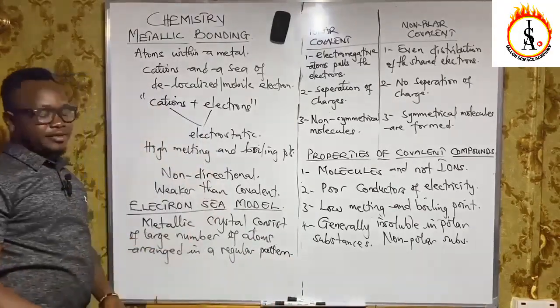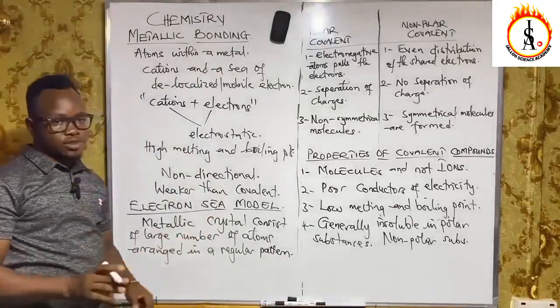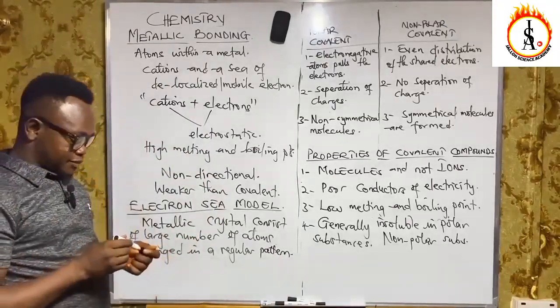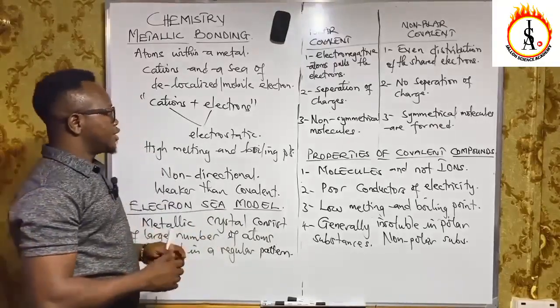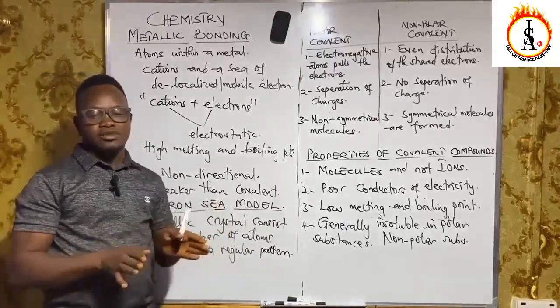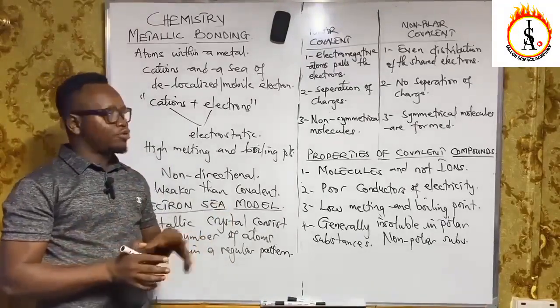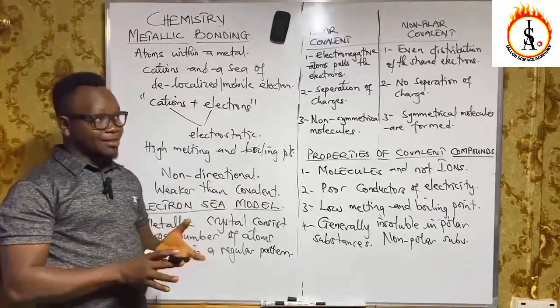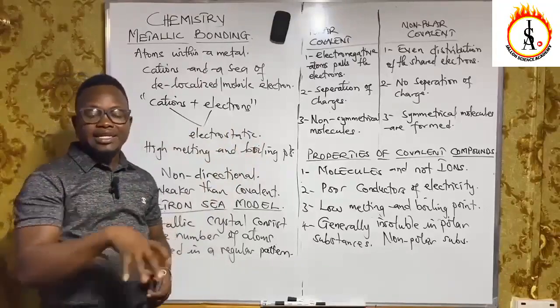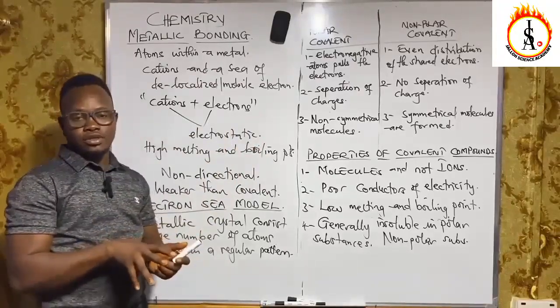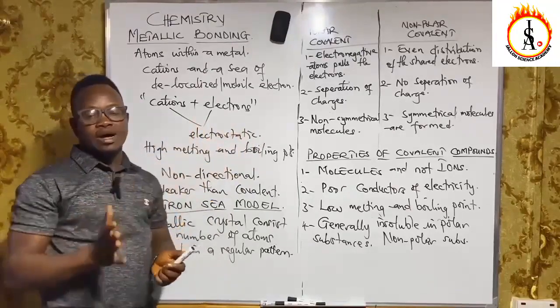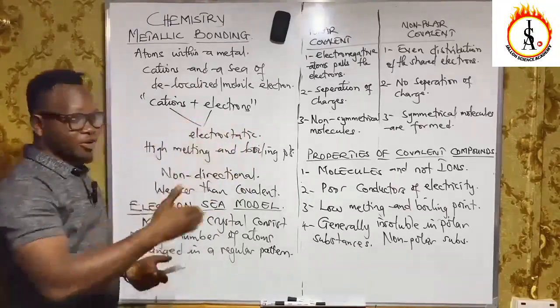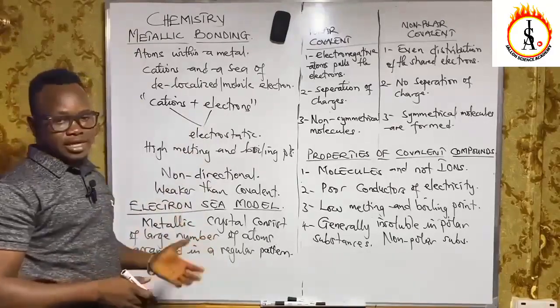So a metallic crystal consists of large number of atoms arranged in a regular pattern. We can think of this like the positively charged cations, or referred to as the kernel, being immersed in a sea of electrons, wherein the electrons are free to move about, okay, within the boundaries of the crystal.